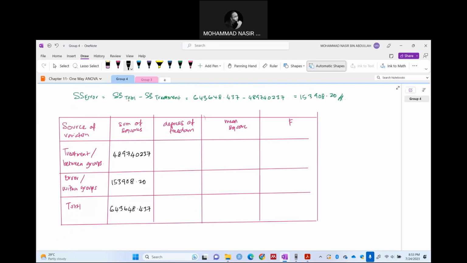Right. Okay. So the degree of freedom for total is n minus 1.